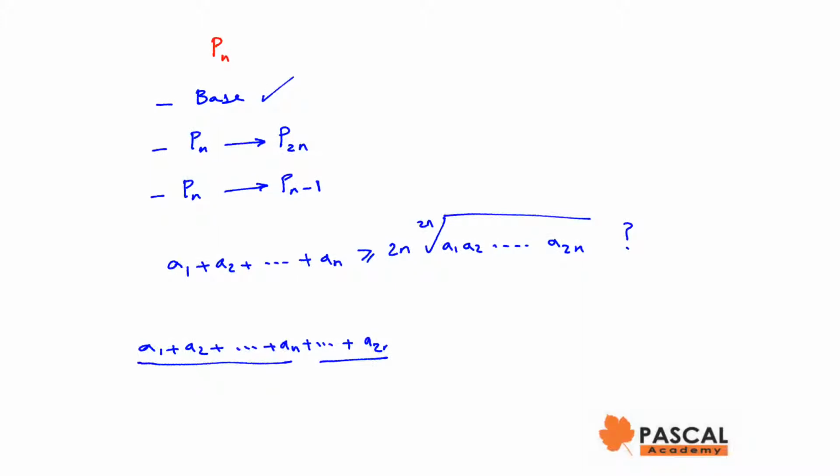Each of these is greater than or equal to their geometric mean. This means the addition of the first n terms is greater than or equal to n times the nth root of their multiplication, and also for the last n terms.